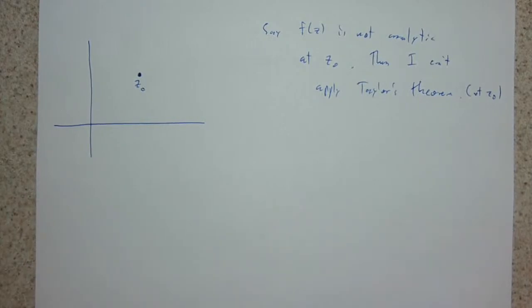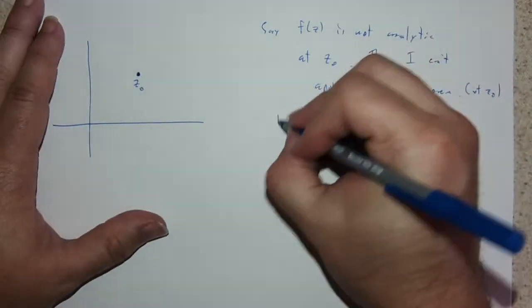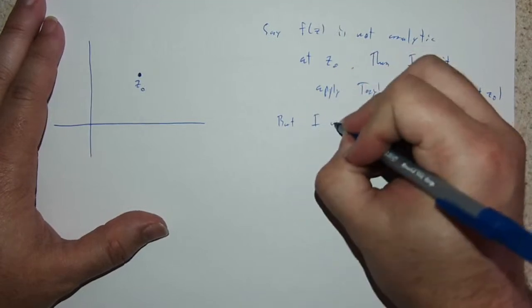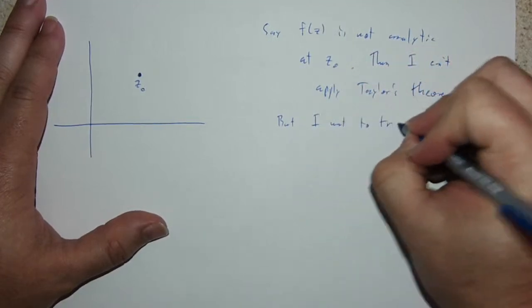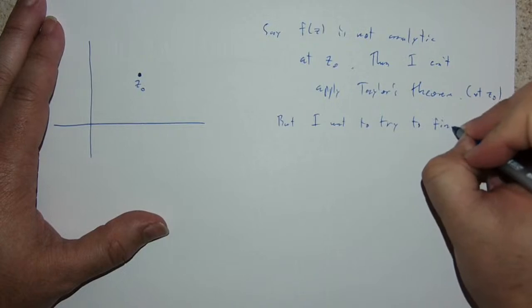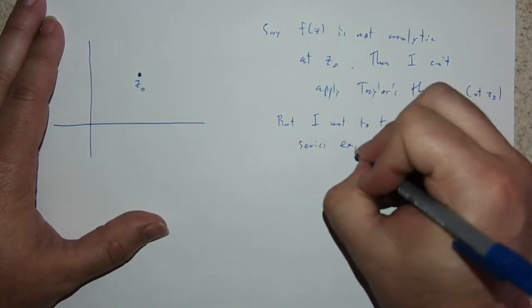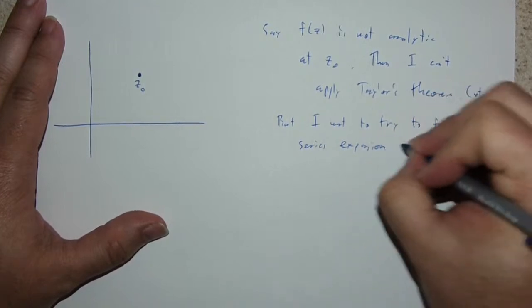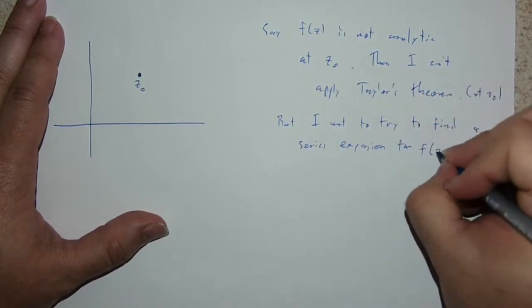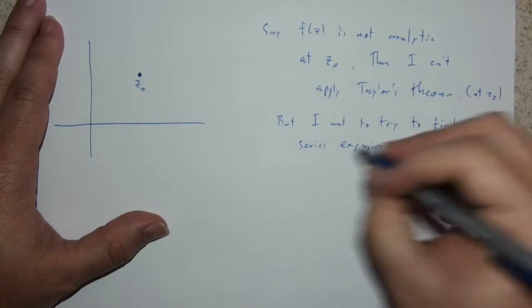Okay, but I want to try to find a series expansion for f of z at z naught anyway.